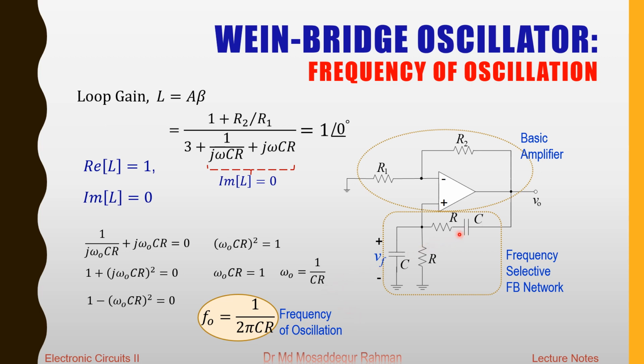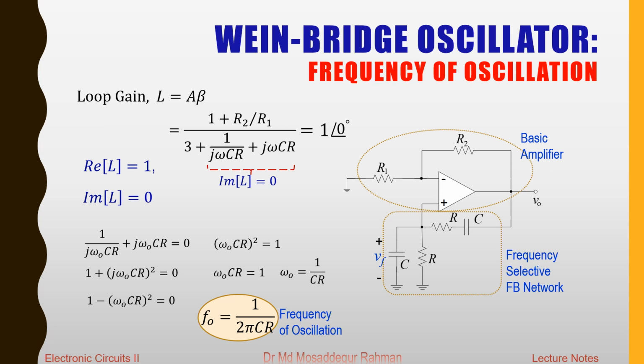You can easily fix the frequency of the output signal by fixing the values of R and C. If you vary the value of R or C, you can also vary the frequency of oscillation, and that is why this is also called the frequency selective feedback network. This is the network that we can use to fix the frequency of oscillation.